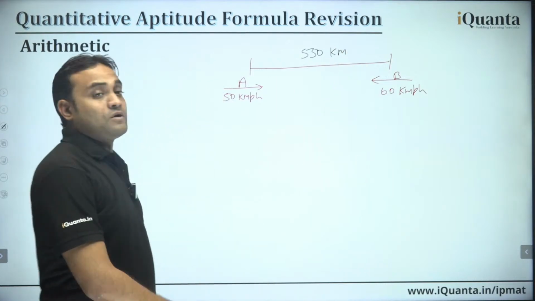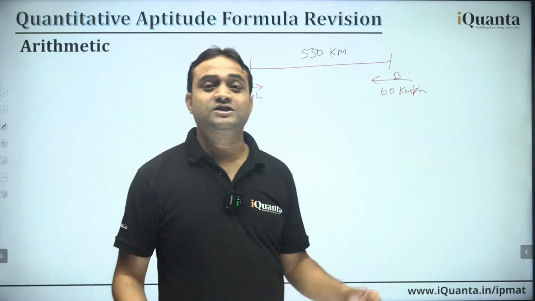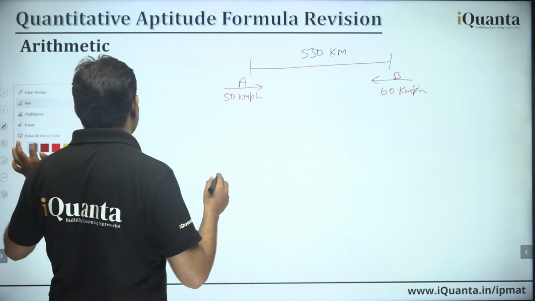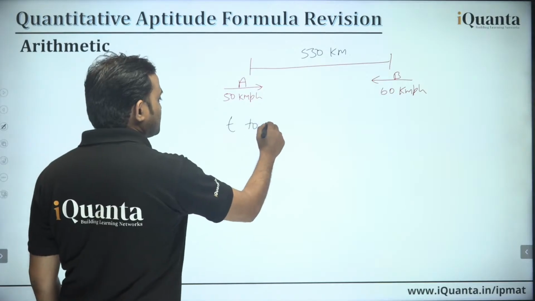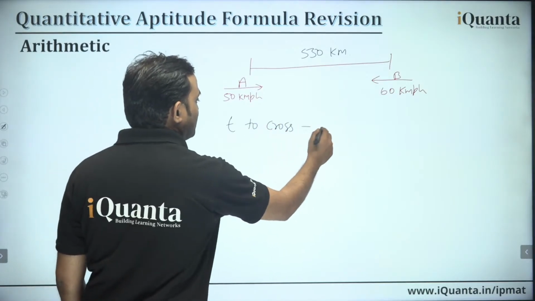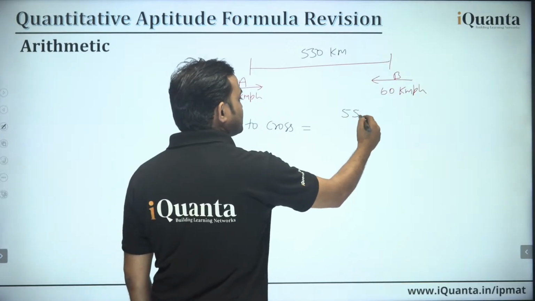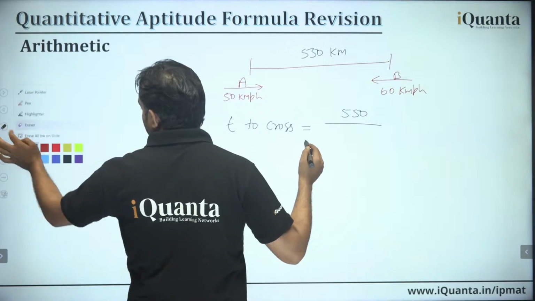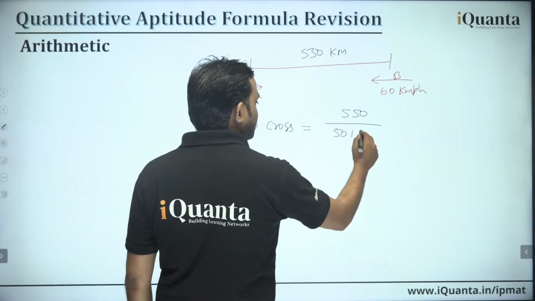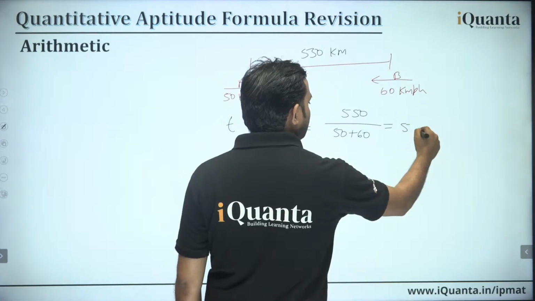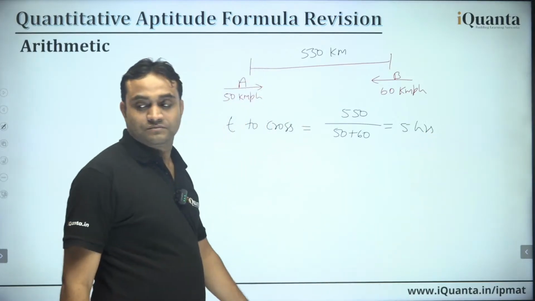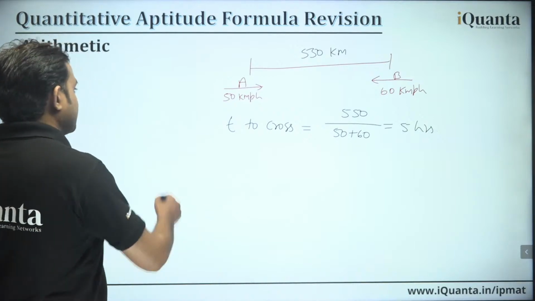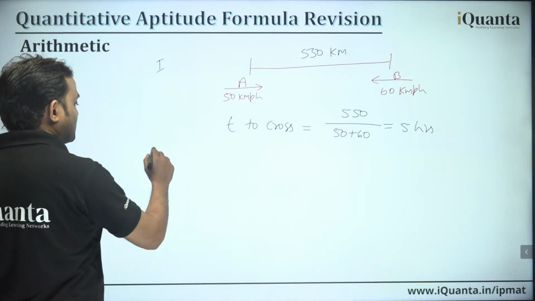So after how much time will these two objects cross each other? We can say time to cross will be equal to total distance, which is 550, divided by total speed. So we will take the sum of speeds, 50 plus 60, and the time is 5 hours. Okay? 5 hours.